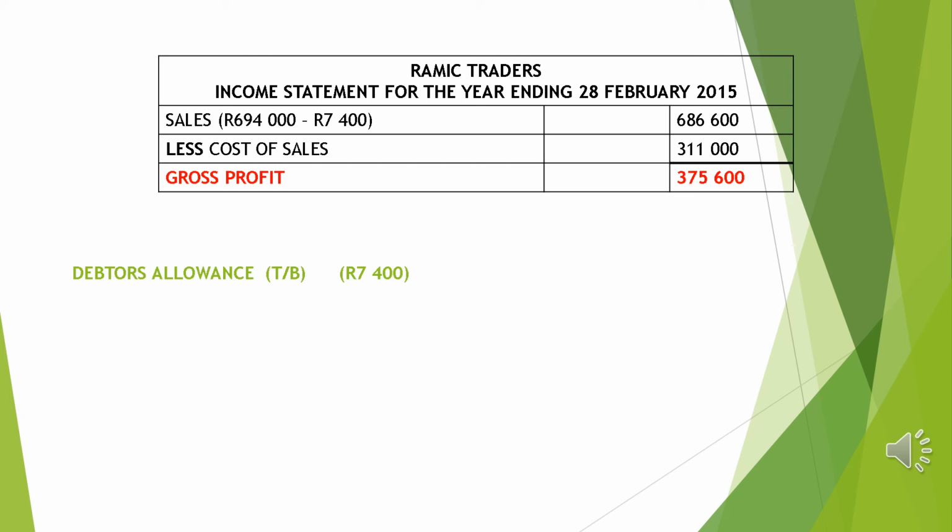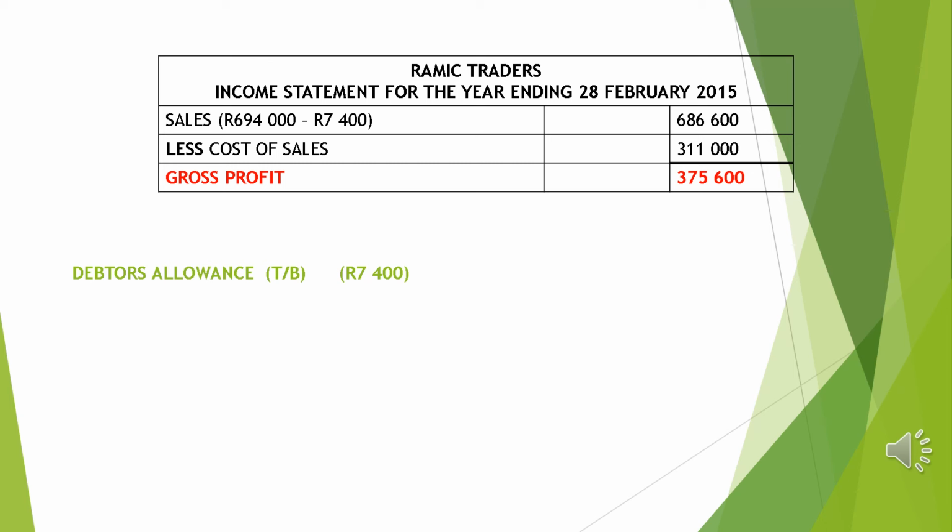Now, these goods that were returned mean that, as a business, we need to adjust, because whenever we are recording sales, we record using two accounting bases. We record using the cash basis and we record using the accrual basis. With the cash basis, we record only cash transactions.